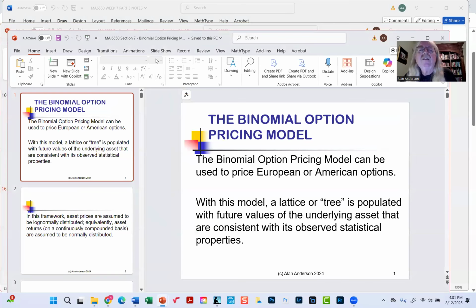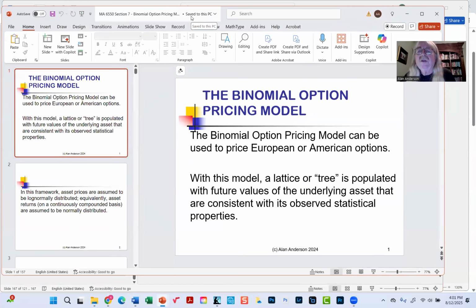We're going to use a model called the binomial option pricing model. As the name suggests, it is related to the binomial distribution in statistics.